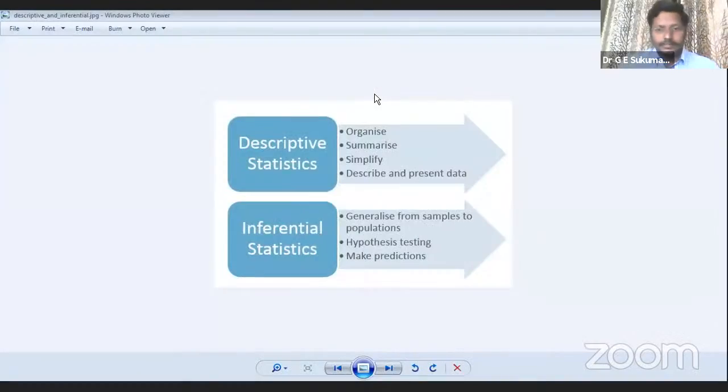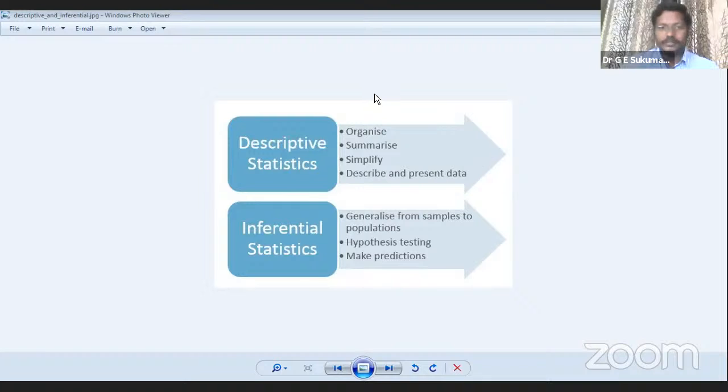So if you can see this particular slide, this is a brief description about the two types of statistical measures we have, descriptive statistics and inferential statistics.